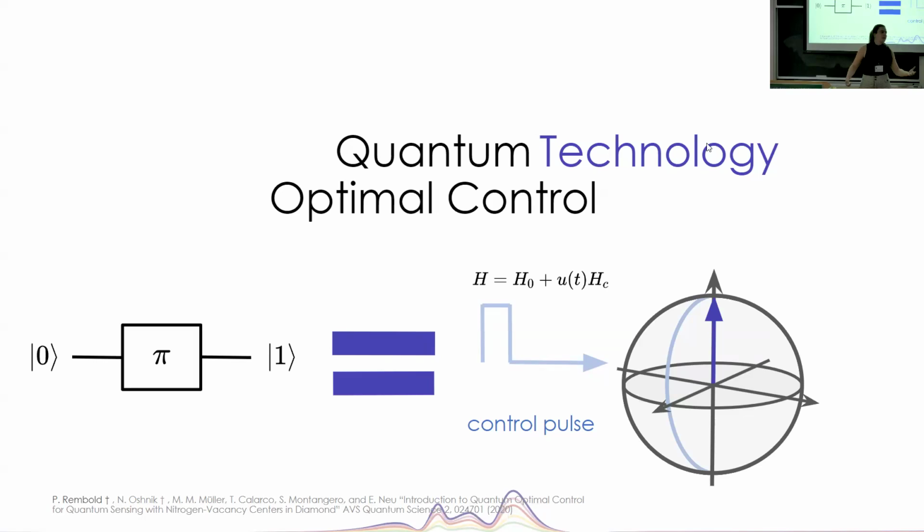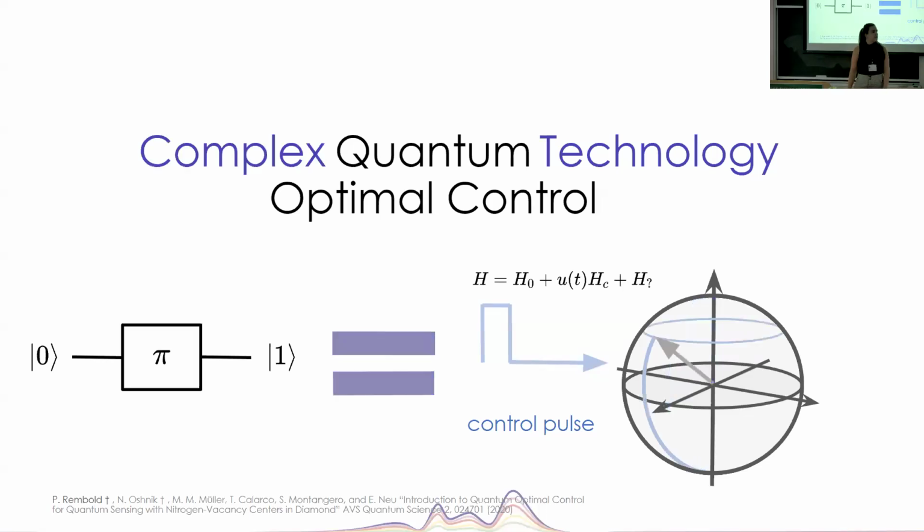Typically fields are applied to that system to implement that operation, like the pi pulse here. That's done with some time-dependent control, which is often switched on and then switched off again when it's done. However, quantum technology is often more complex than we imagine, so sometimes these don't work quite so well, because there are other effects in the system that we might not consider, like extra energy levels or noise effects.